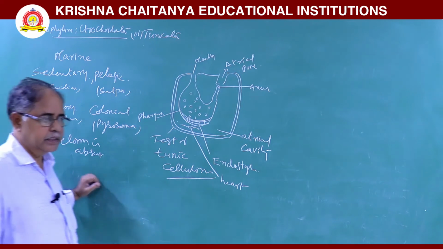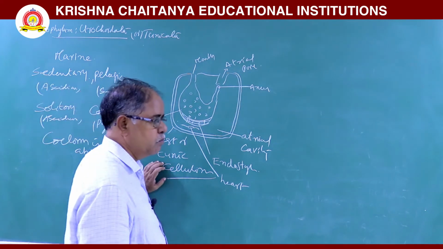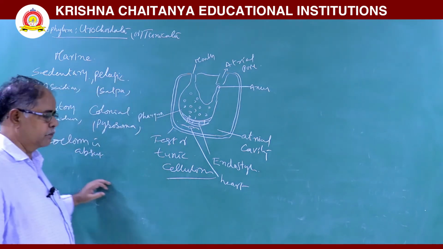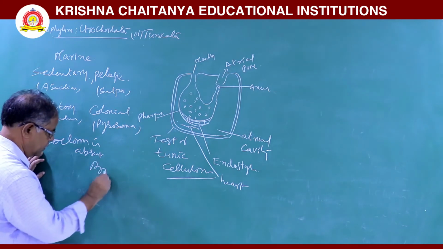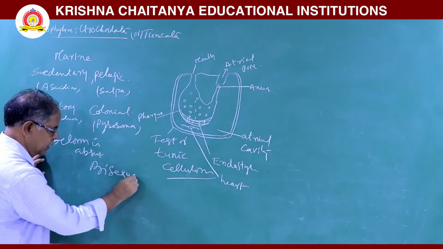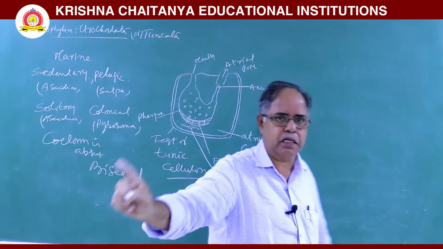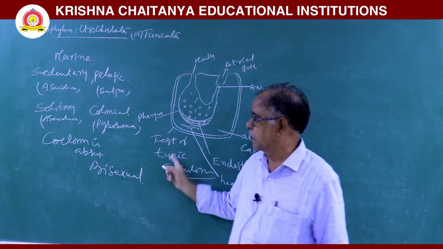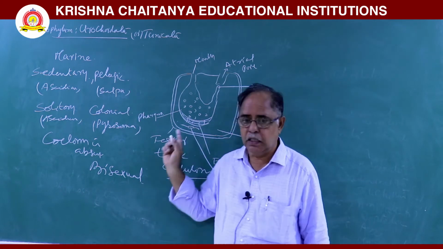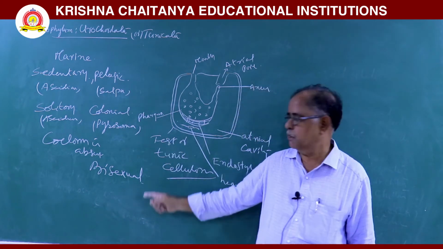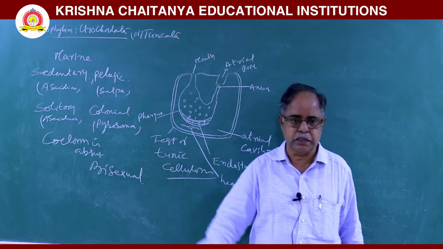Next, these animals are hermaphrodite or bisexual. In chordates, all chordates are unisexual animals, but these urochordates are bisexual animals.